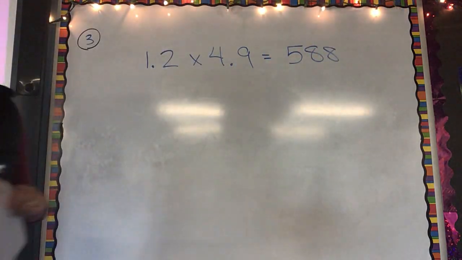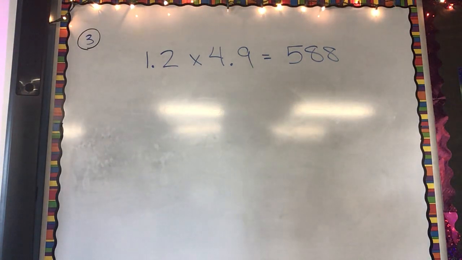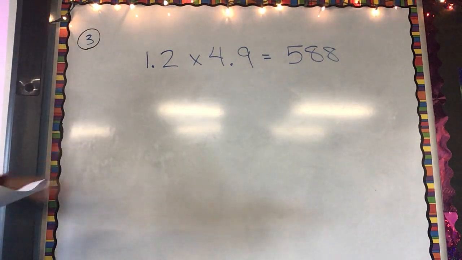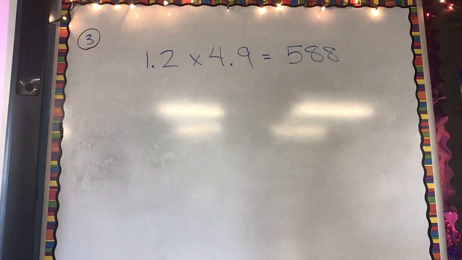They're going to give you a problem, and they're going to give you the product. However, in their product, they forgot to tell you where the decimal point goes. So your only job for this problem is to tell me where does that decimal point need to go.